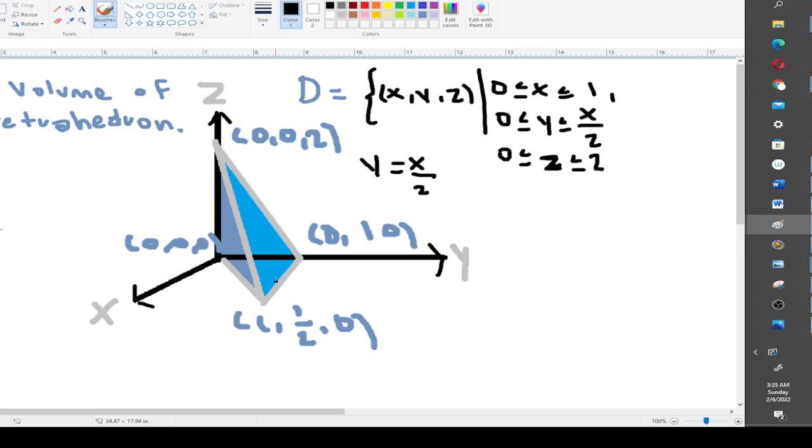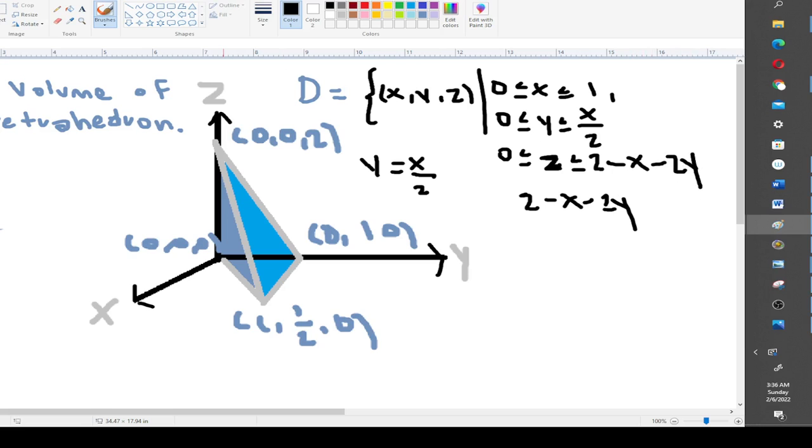And when we get to 1, 1/2, z is 0. So if you picture that, that would look like 2 minus x minus 2y.